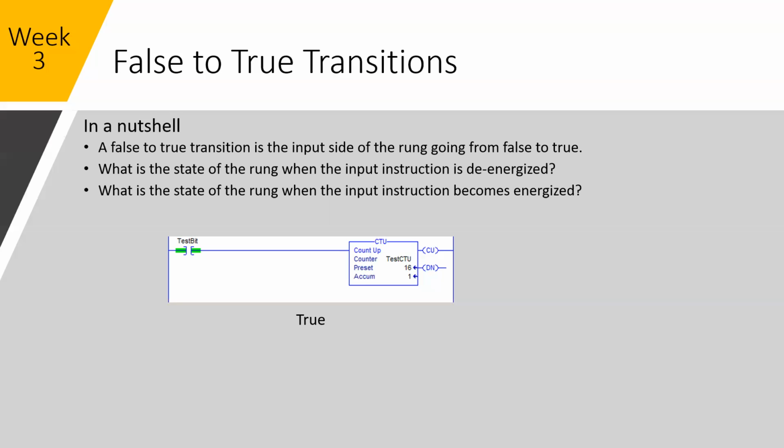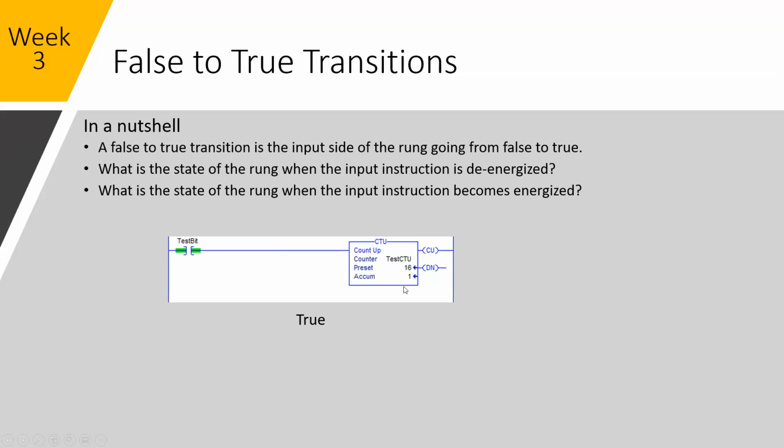Yes, but for it to accumulate more, the test bit would then have to transition to false and then true 15 more times. So when the test bit goes back to false, accumulation will stay at 1. When it becomes true again, accumulation will go to 2. Preset here is the number of counts you want before the done bit is activated.